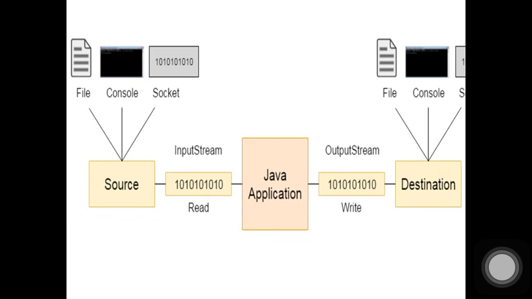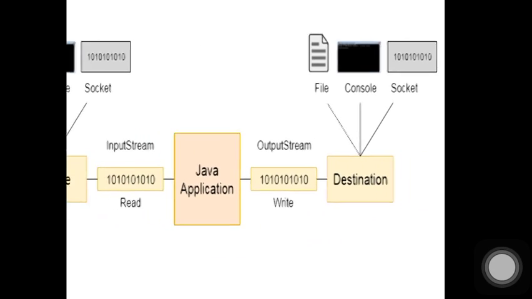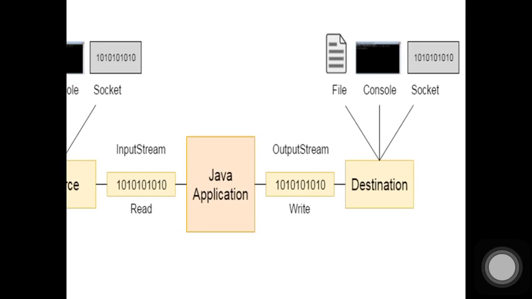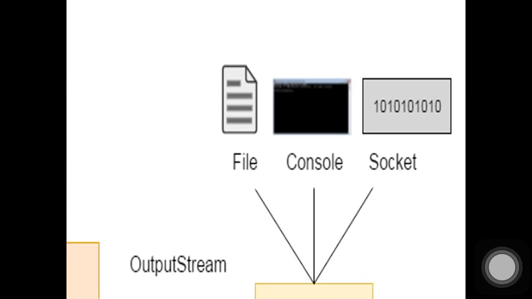Those are the sources of input, and that information flows through input streams into the application. Whatever result is generated by the Java application is sent to output devices. It may be a file, a console like a monitor, or network devices like sockets.